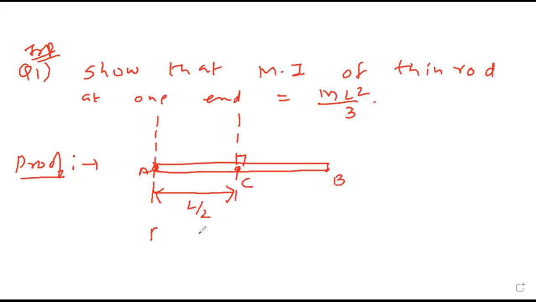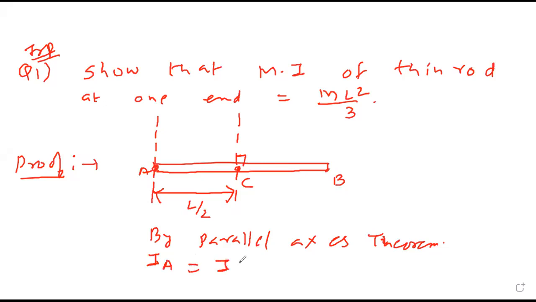So by parallel axis theorem, these two axes are parallel. So I at one end, that is IA equals IC plus M into square of distance. Same formula.